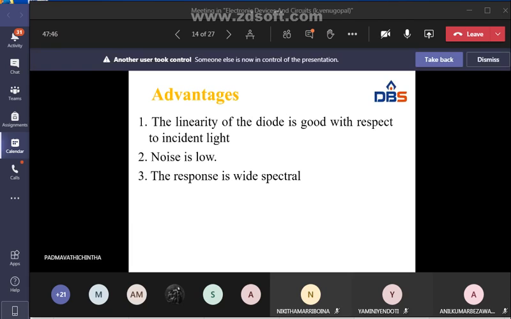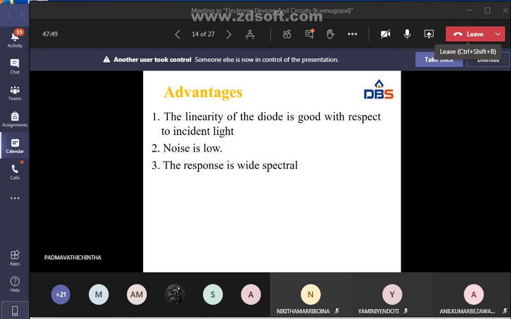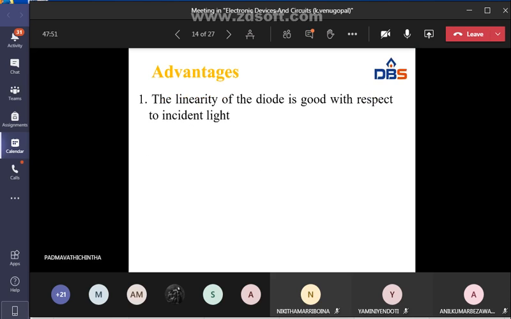Now the advantages. The linearity of the diode is good with respect to incident light.